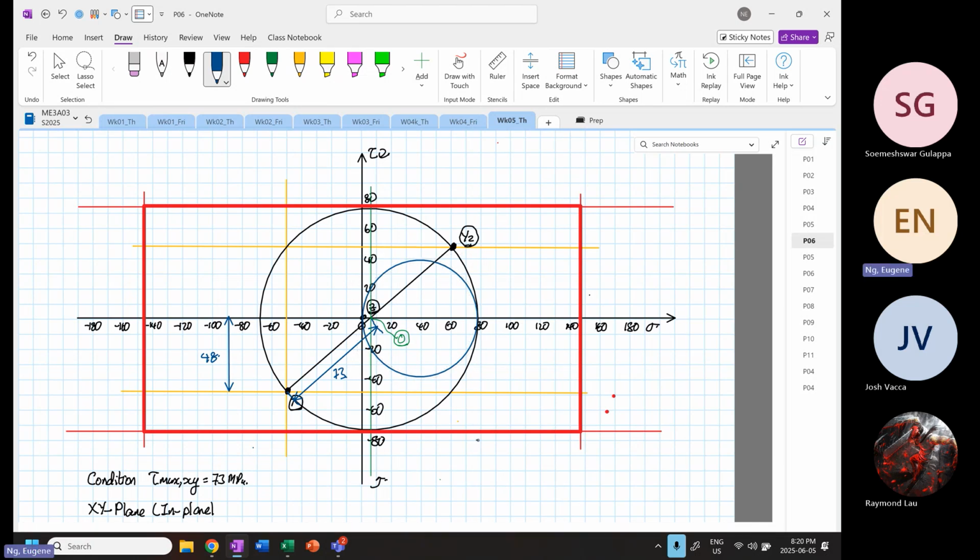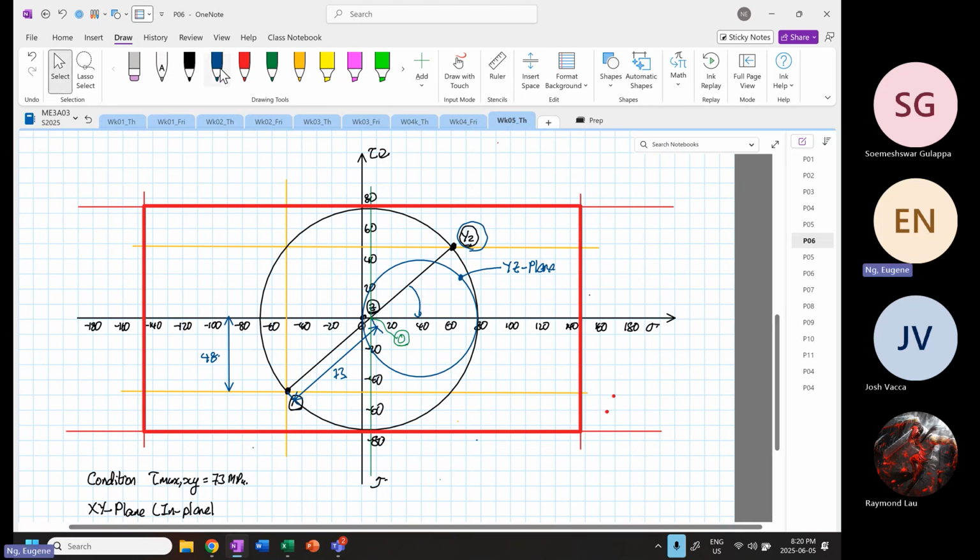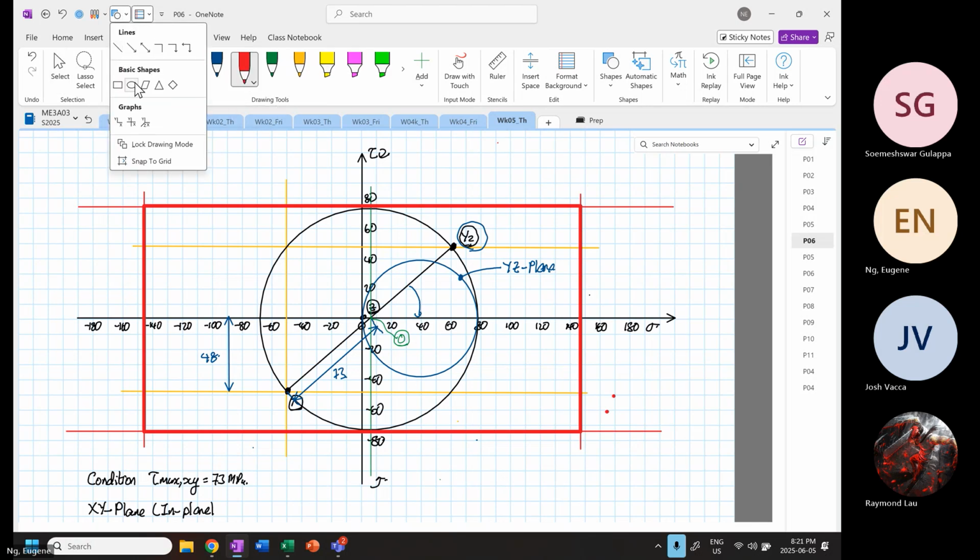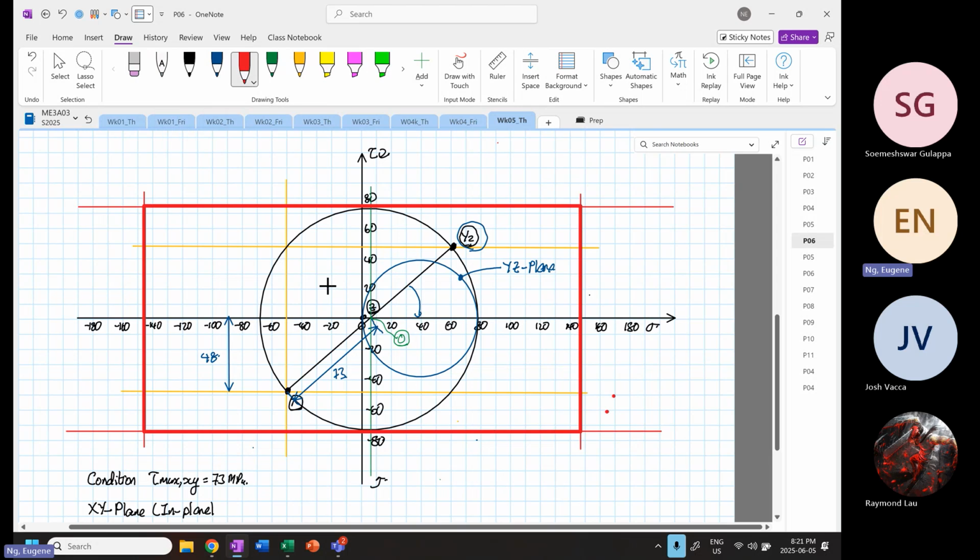Okay, and this circle belongs to the YZ plane, right? Because point Y is a cube angle over here, and it touches Z. Okay, and then the next circle is over here.